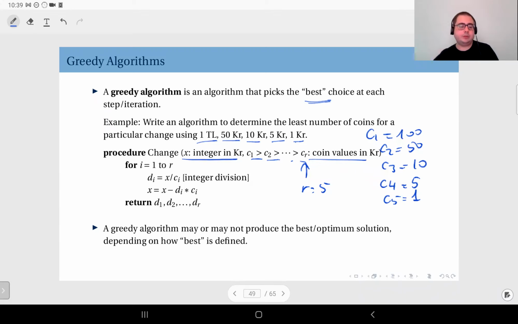Now, a greedy algorithm by design is going to take the best solution possible at each iteration, and that solution will be, of course, a partial solution. So in this specific example, every iteration, I'm going to decide on the number of coins I need to use from one of the values here. Okay, so I'm going to start from the biggest one because with that I can cover as much money as I can, because I want the least number of coins.